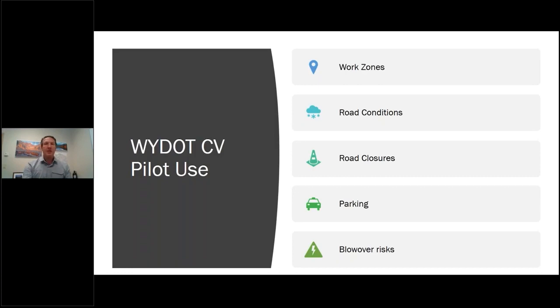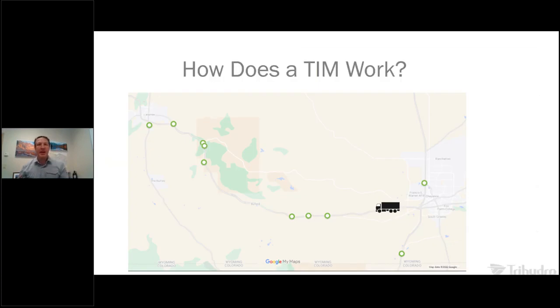So let's also look at how a TIM actually works. So for Wyoming, we've got different sections that we are able to detect through road cams, through road weather information systems, also through our snowplows on the roads that are able to report road condition information back to our traffic management center.